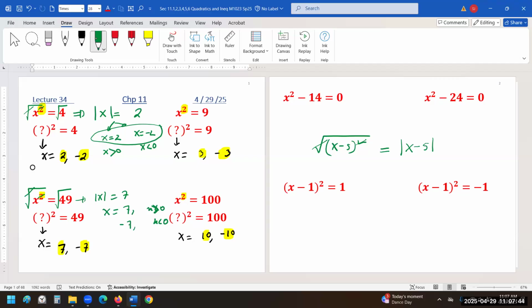So you have two choices, +7 or -7, which you already know logically. The main thing here is, anytime you take the square root, don't forget to put a plus-minus sign in front of your number. That's the moral of the story.